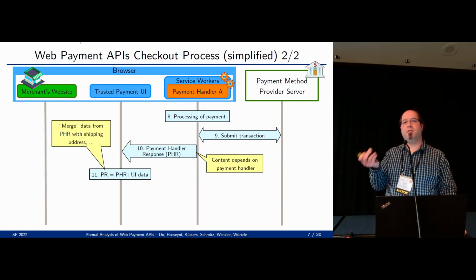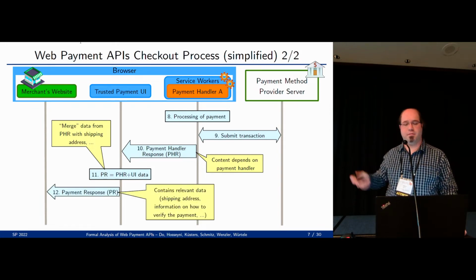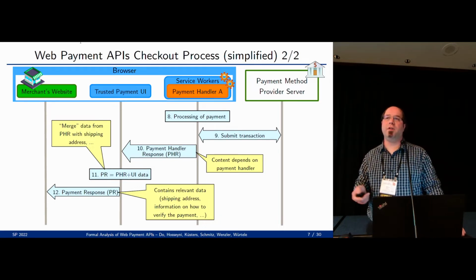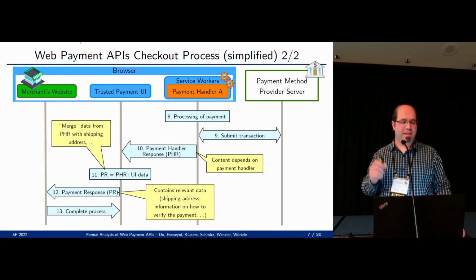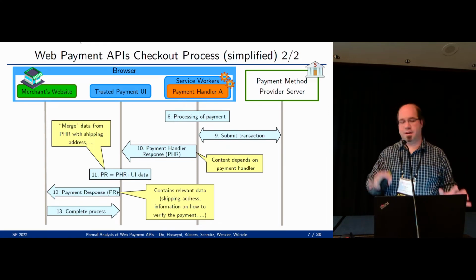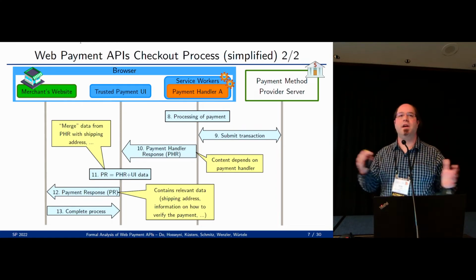Now the browser combines that information with the data that the user entered previously, like the shipping address, and hands that back to the merchant. And the merchant can now verify that information and complete the process by telling the browser component that the merchant is happy. The browser displays a success message to the user, and we are done.